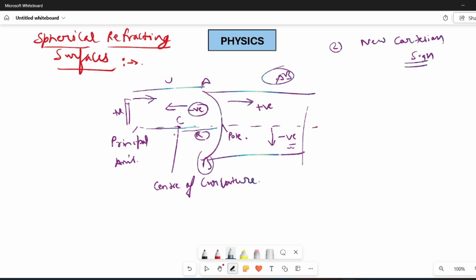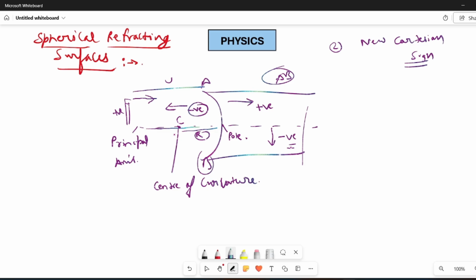Second, these terms related to spherical refracting surfaces are much needed, so don't forget them. Now, with the help of this, I'm going to show you how each refracting surface forms a particular image regarding the object position.